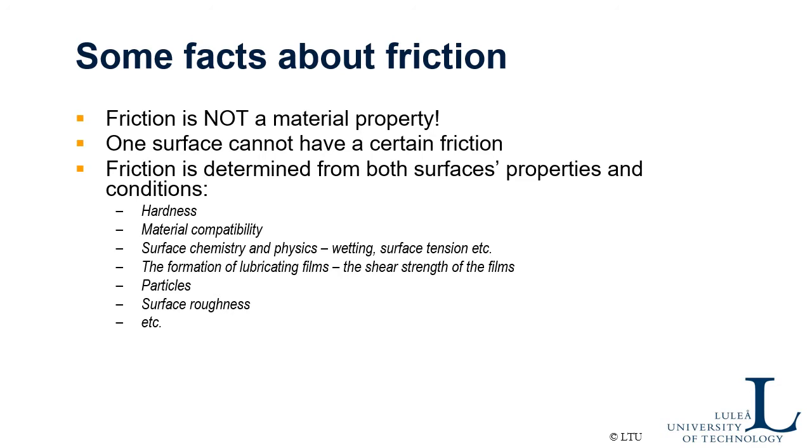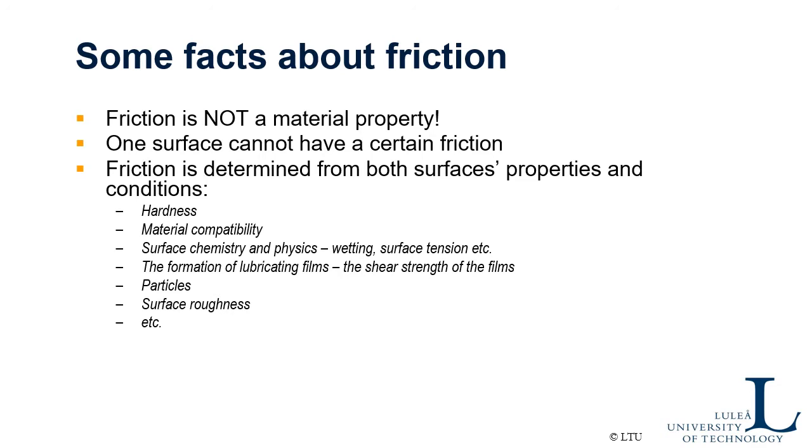Its friction is determined by both surfaces' properties and conditions, and some of those are the hardness of the surface, how compatible the two materials are, the surface chemistry and physics of the surfaces, and if there are some fluids involved too, and if it's possible to form a lubricating film or not, if you have particles there.